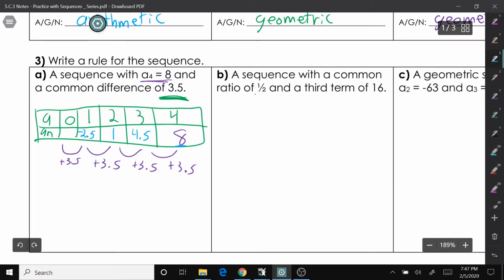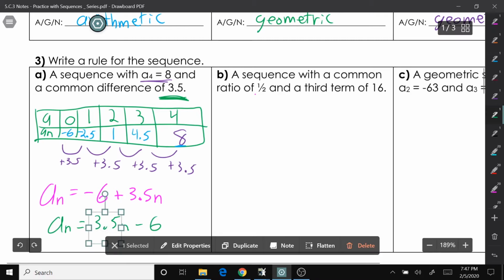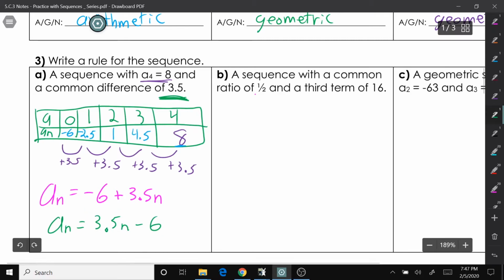And subtract 3.5 again, we get negative 6. So then we will write an equals negative 6 plus 3.5n. Now you could write it in the different order, switch them. You could say an equals 3.5n minus 6. It means the same thing. I don't really mind which way you do it.